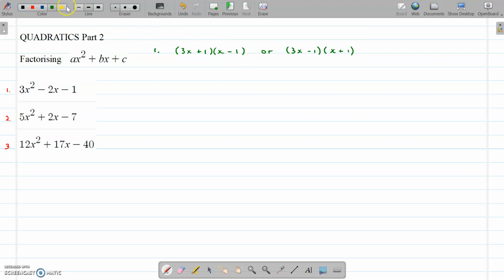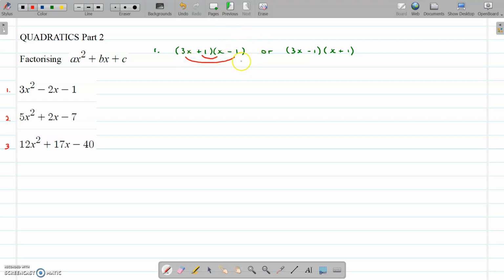What we need to do is test the outer and inner terms to see what they give, because we know it's going to work for the 3x squared, and we know it's going to work for the minus 1. But we don't know about the middle term until we test it. Well, 3x times minus 1 is minus 3x, plus 1x.